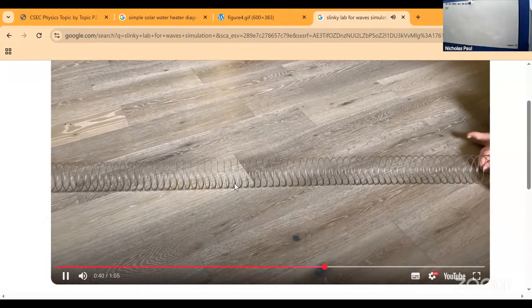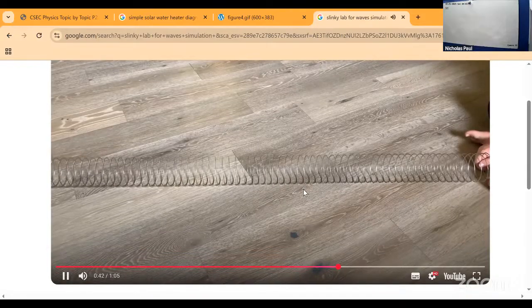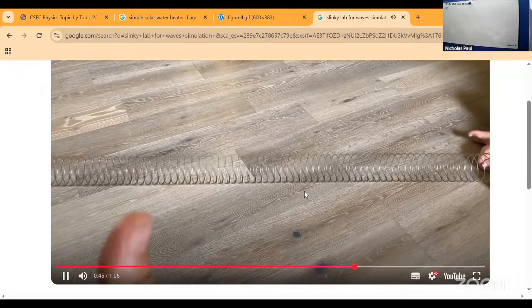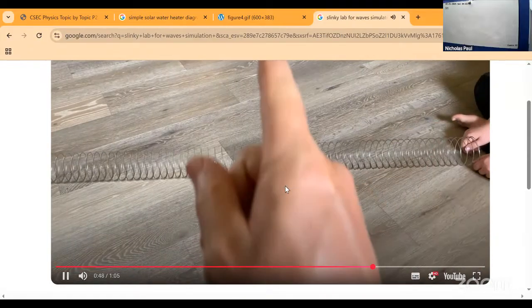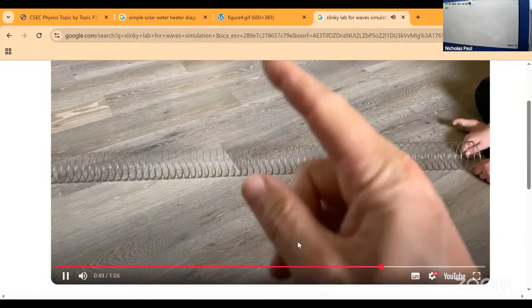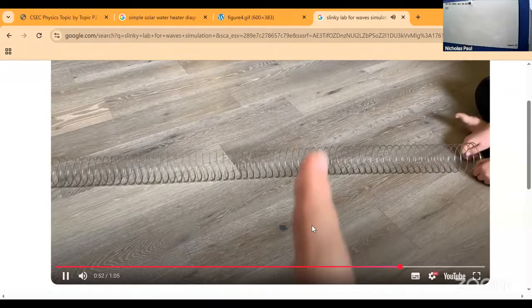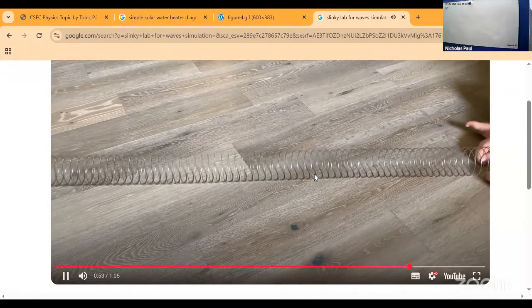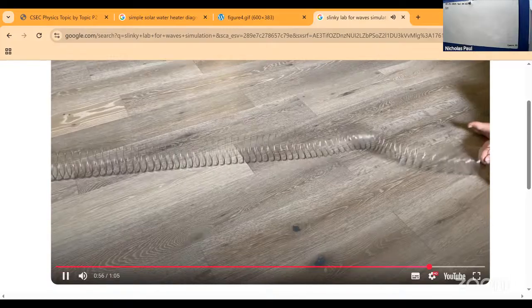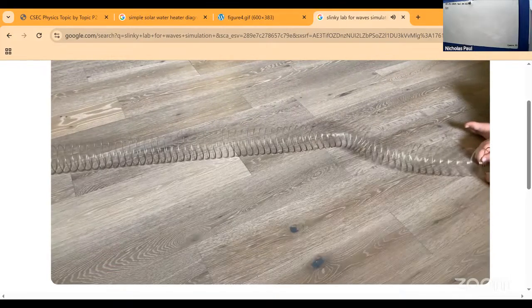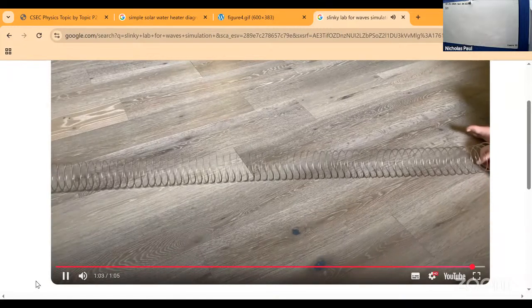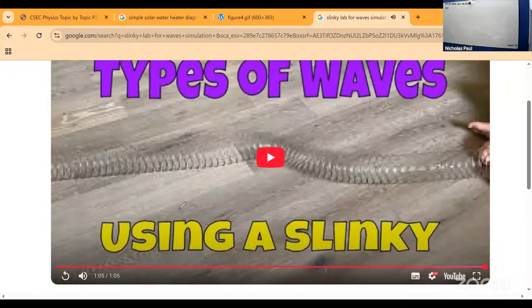Now, let's see if he's going to change it and produce a transverse wave. So he's going to move up and down now, and watch what will happen. If you were to move it up and down like that, the wave's still going to move this way.